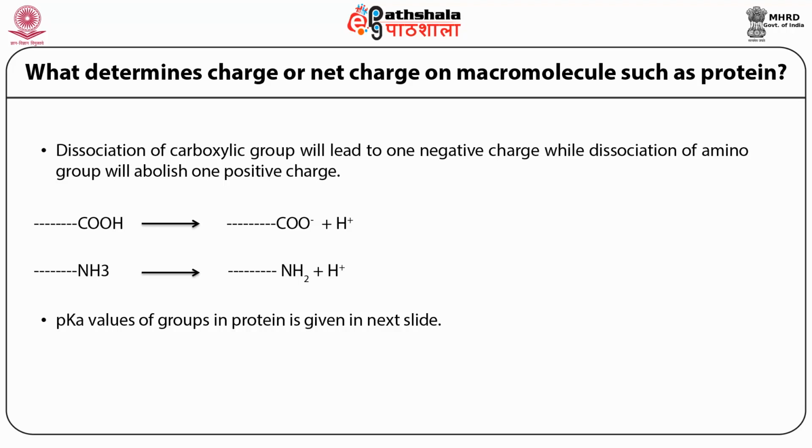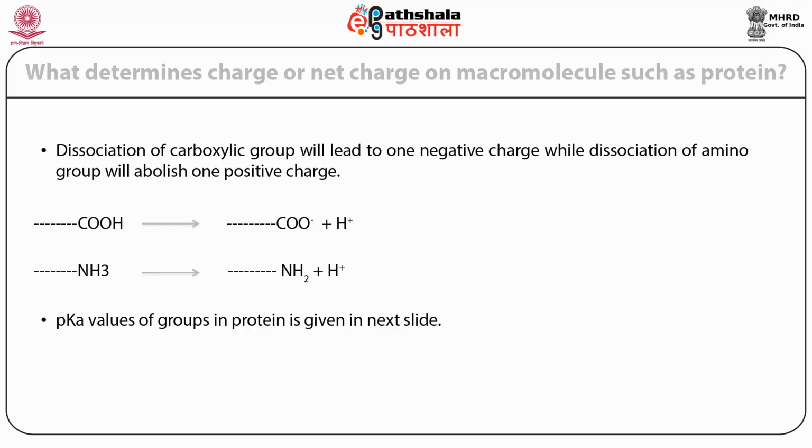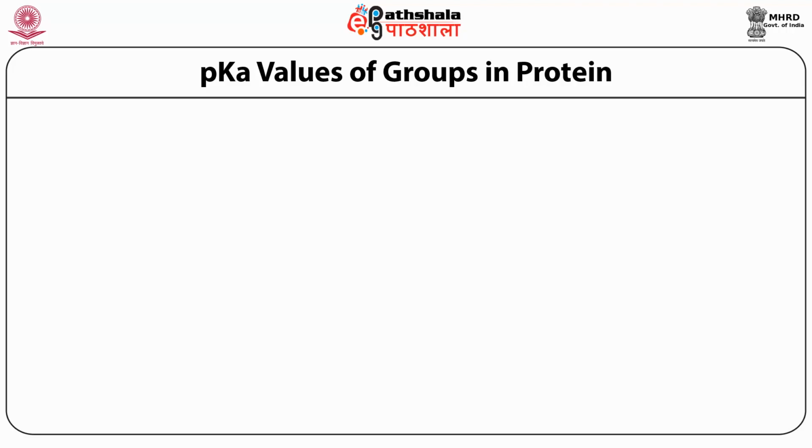You will know that the pK values differ from one group to another group, which is given in the next table. As we have said earlier that pK values of the groups in protein are different for the different groups.